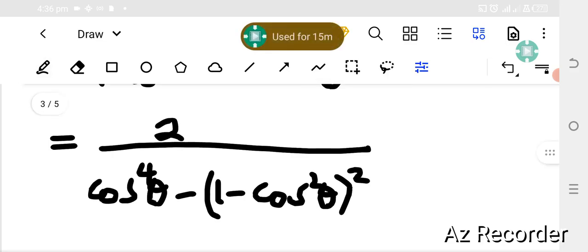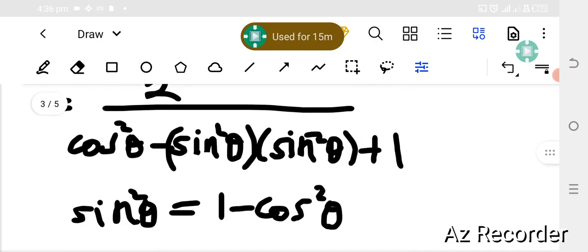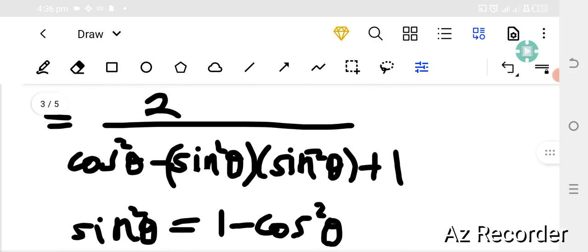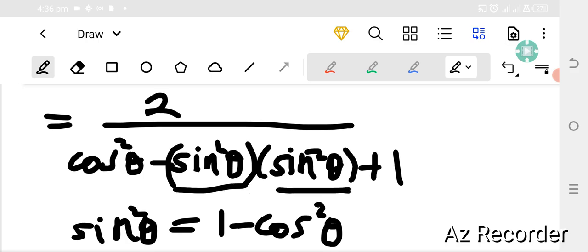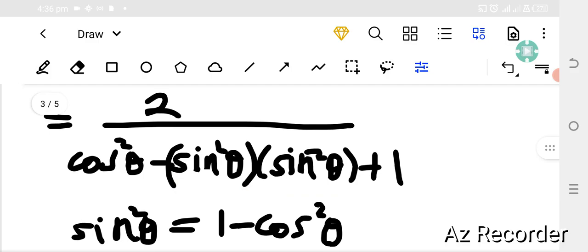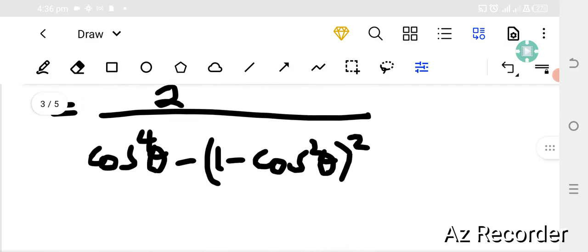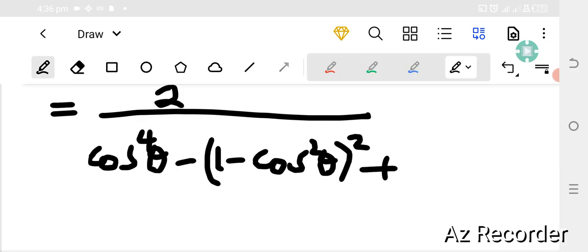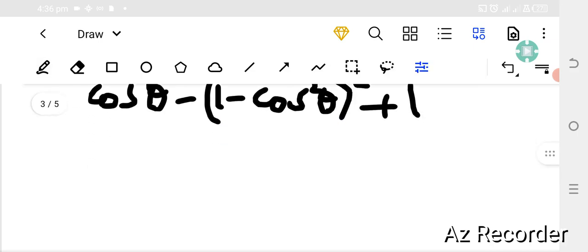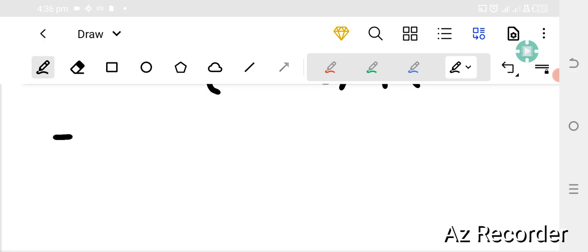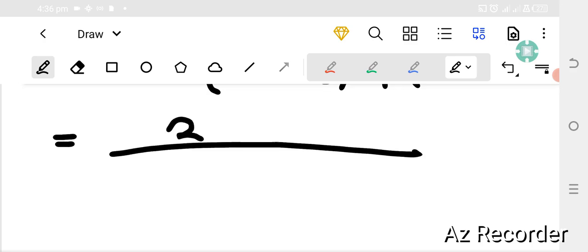Why are we saying the power 2? We are saying the power 2 because this bracket is repeating itself, right? So we're going to say 1 minus cos theta squared to the power 2, then plus 1. So we're going to expand that bracket there. We're going to say is equal to 2 divided by what? Divided by cos theta squared, and then minus a 1 squared is a 1.